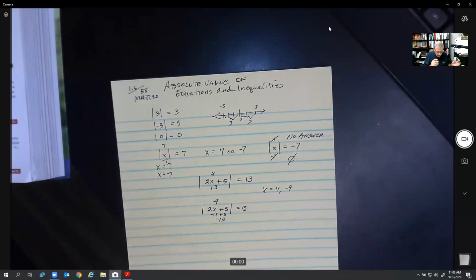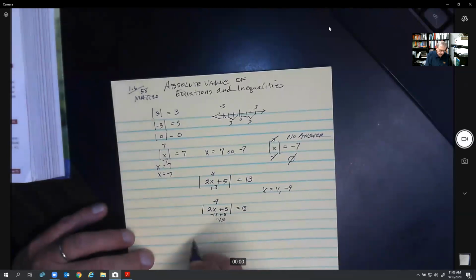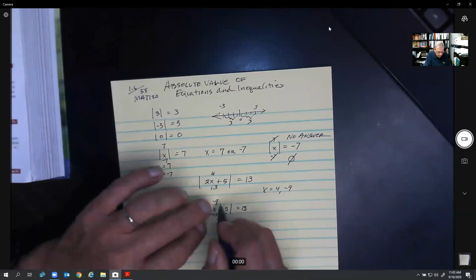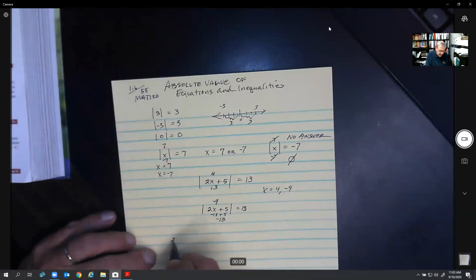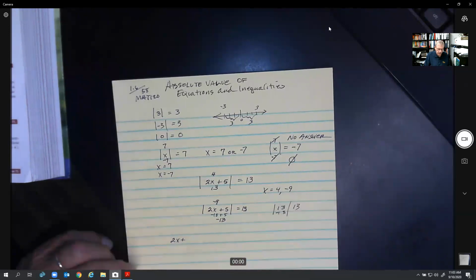So what we do is a little technique. We're going to take this out of the absolute value so that we can get a negative answer or a positive answer. What we wanted in here is for this to be either 13 or -13 to come out to 13.